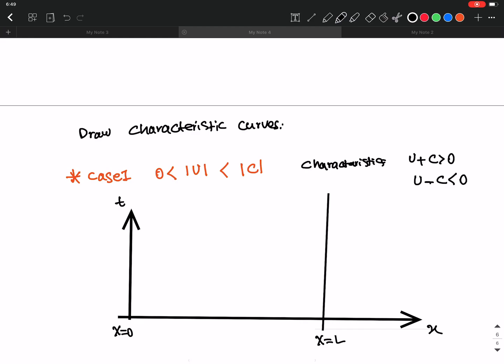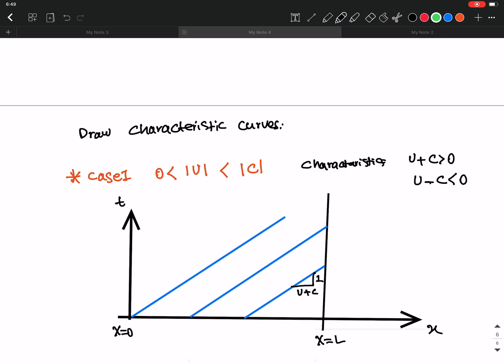So we are going to have two characteristics. One is u plus c, which is a positive number. So let's look at this. I'm going to plot it like this. And then the second characteristic, let me first write which one it is. This one is characteristic 1, and this is u plus c.